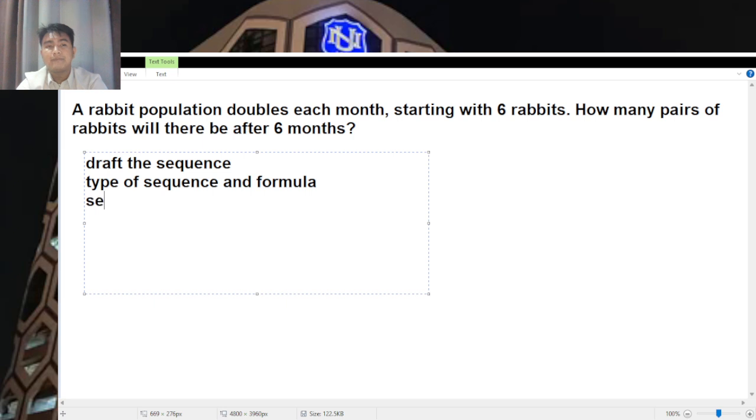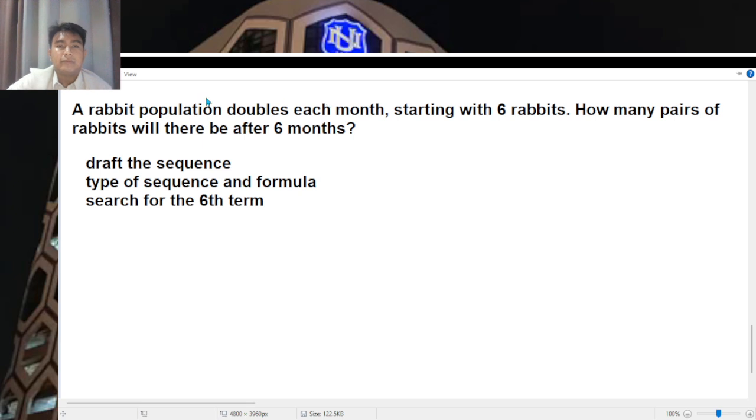And lastly, search for the nth term, which is basically the 6th term. We're looking for the 6th term. So, okay, you can pause this video, okay, and try to draft the sequence, determine the type of number sequence, write its formula, and search for the 6th term.